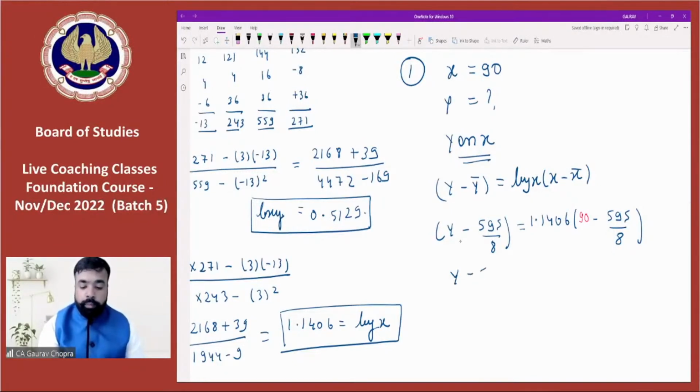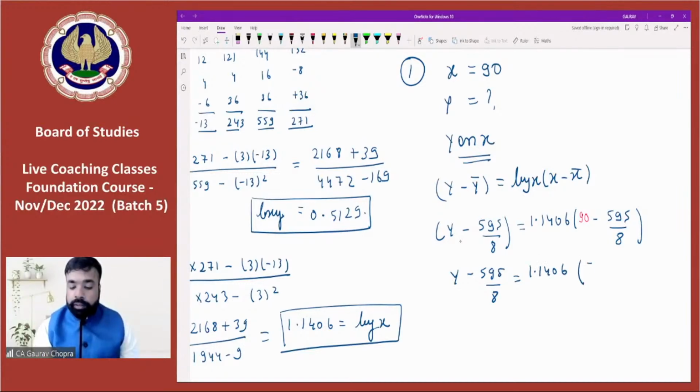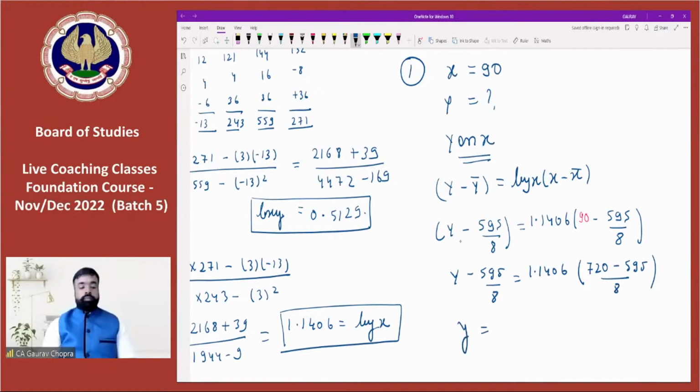So y minus 595 upon 8 is equal to, so 90 into 8 is 720 minus 595 upon 8. So we can simplify and get the result of y.